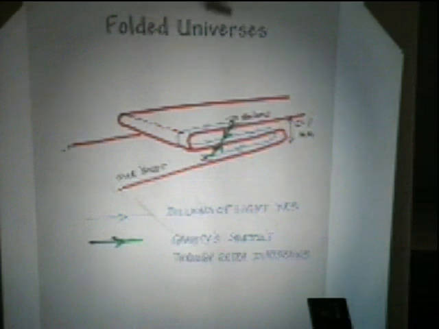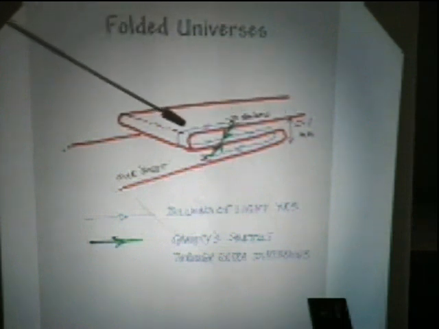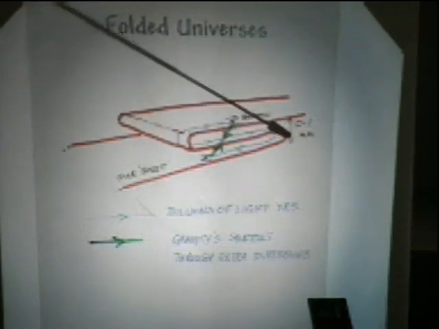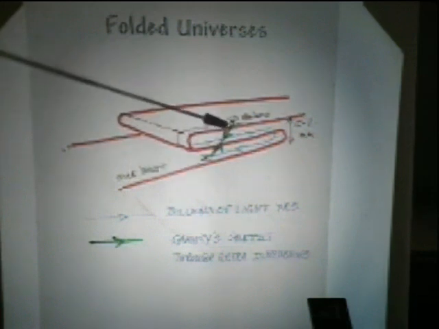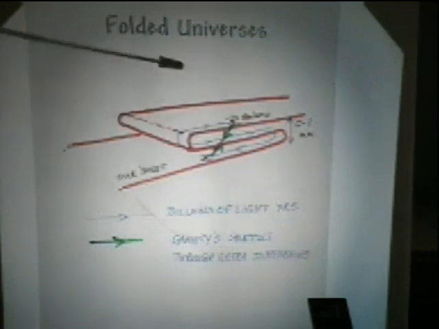Let's suppose that forces like electricity and magnetism just live and move on the brane surface, the three-dimensional surface, but it's now folded. Gravity, on the other hand, can go everywhere, can reach into all the dimensions, so it goes along the surface, but it also goes off out of the surface into the other dimensions.